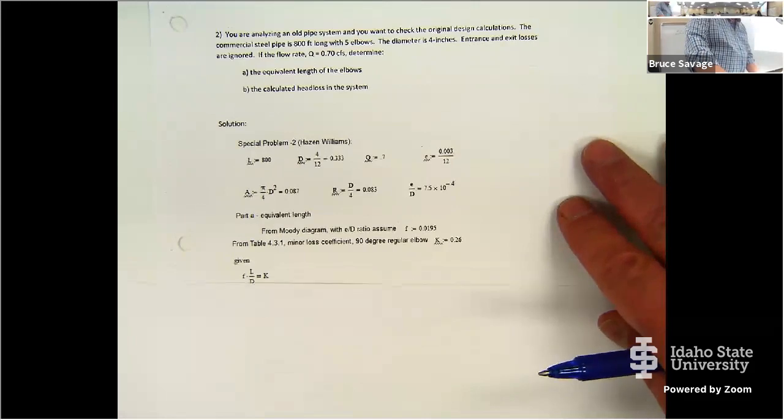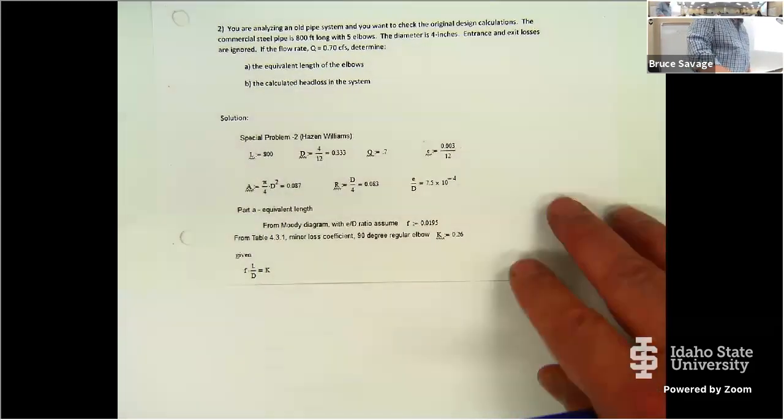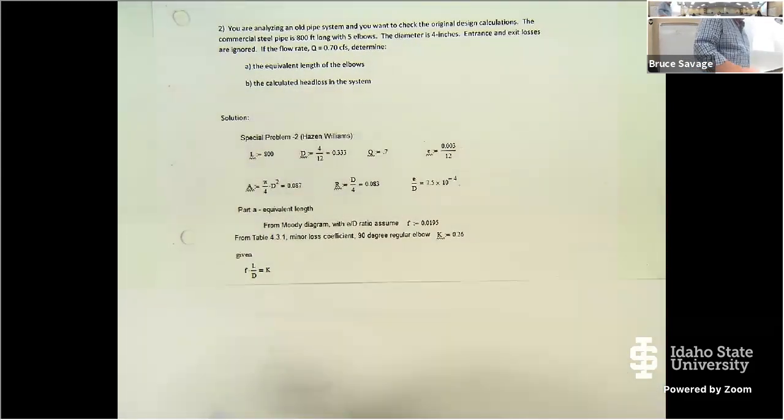Now I'm going to go to the book and say it's a 90-degree regular elbow, and so K is equal to 0.26. K, remember, was between 0.21 and 0.3.